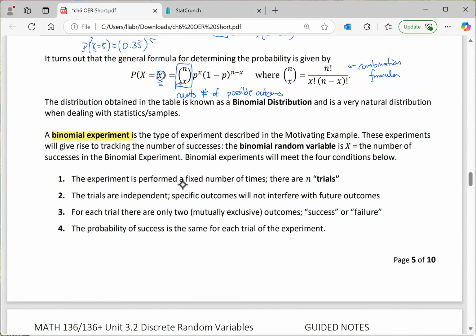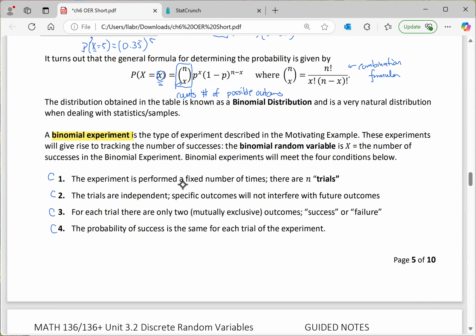And the reason this is very common is that for a binomial experiment, you always just go through this checklist: condition 1, condition 2, condition 3, and condition 4. Basically, it means that you're going to do an experiment. In this case, the experiment is analyzing an individual selected a fixed number of times. So you need to determine this ahead of time. How many individuals are you going to ask?